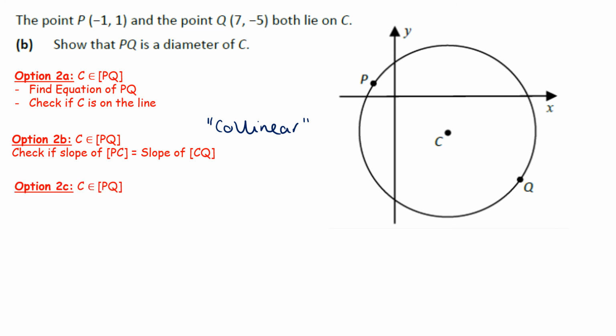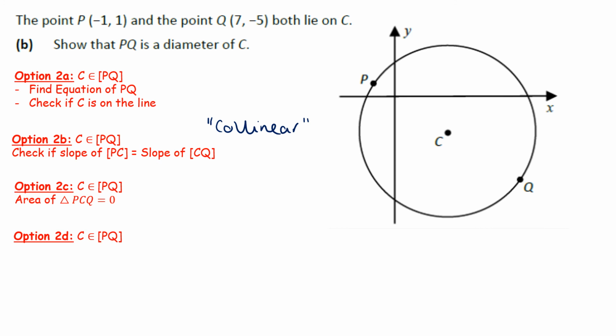And again, once C is on that line, then PQ must be a diameter. The third option for showing that the center point is on the line PQ is to get the area of the triangle PCQ and show that that's equal to 0. Again, another way to show that the 3 points are collinear.